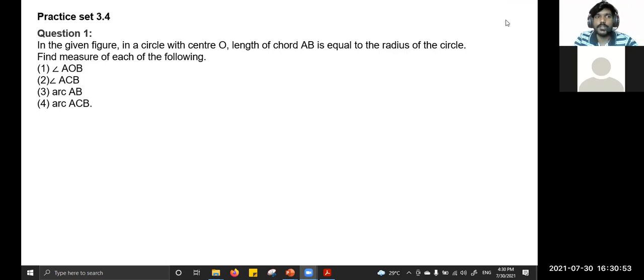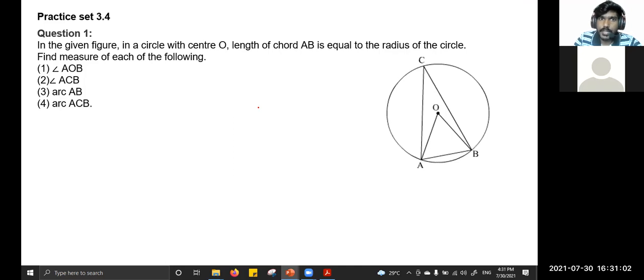Okay. So we'll start with the first question, practice set 3.4. In the given figure, in a circle with center O, the length of the chord AB is equal to the radius of the circle.